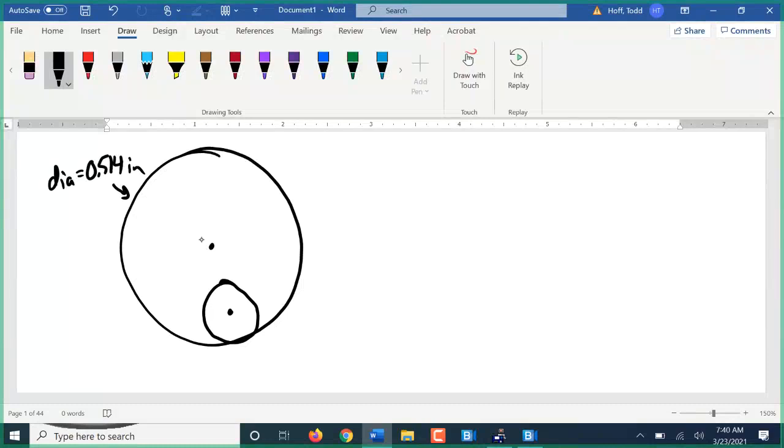The center to center distance between the circles is going to be 0.488 inches.